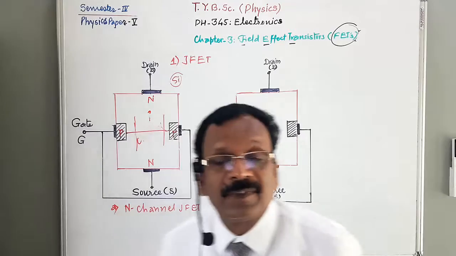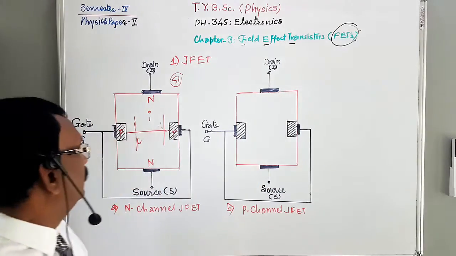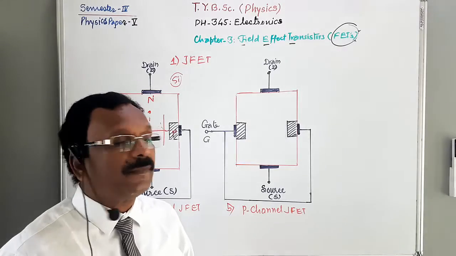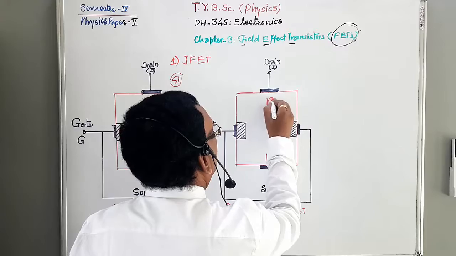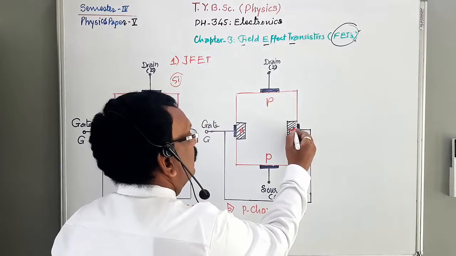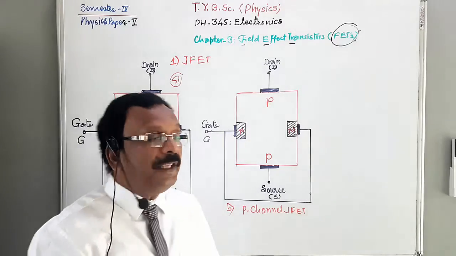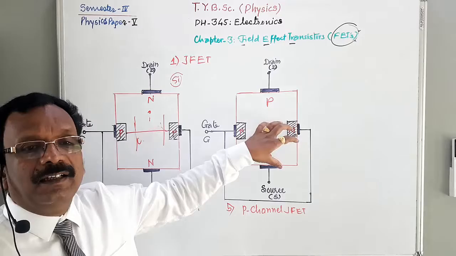Now we are going to see the construction of P channel. See here. This is the P channel, and this is N channel, opposite. P channel JFET is shown in this figure.